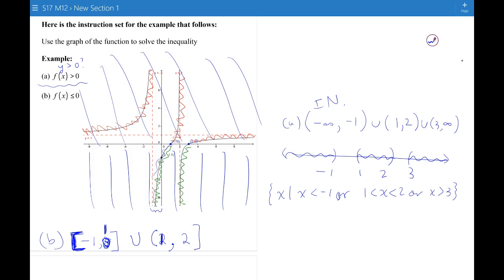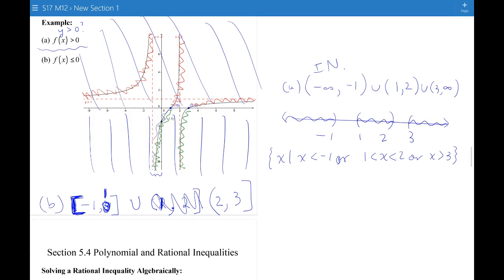Okay, and then from x equals 2 to x equals 3. So we can't include 2 because that's not in the domain of the function, and we want to include 3. So let's make sure we have everything from negative infinity up to negative 1, from negative 1 to 1, then from 1 to 2, then from 2 to 3, and from 3 to infinity.